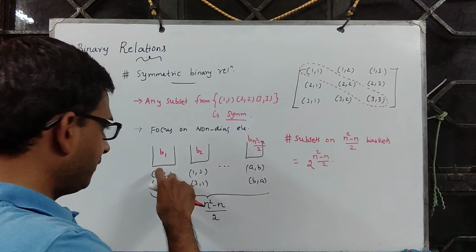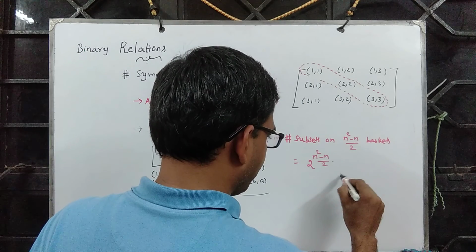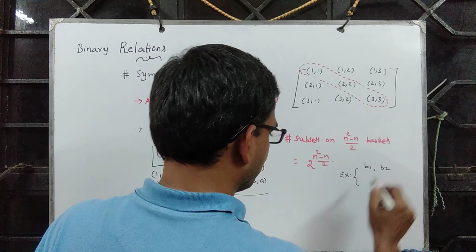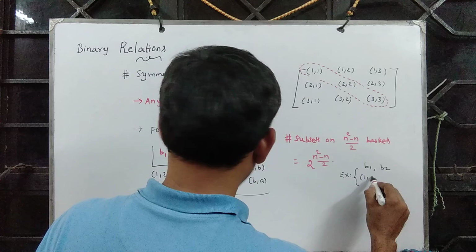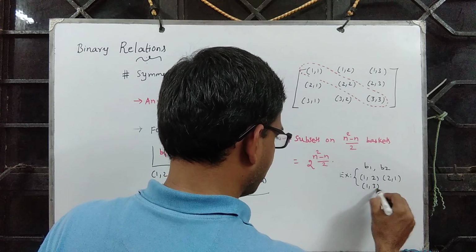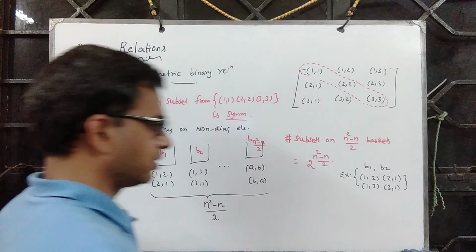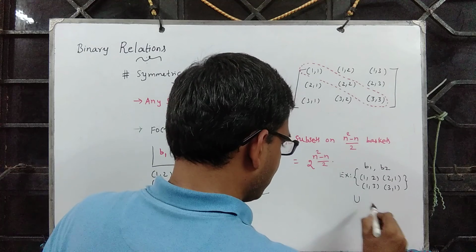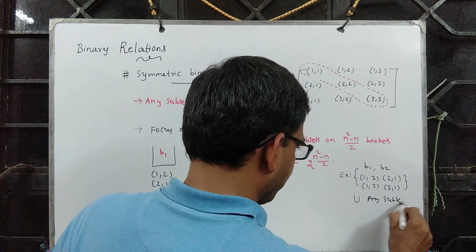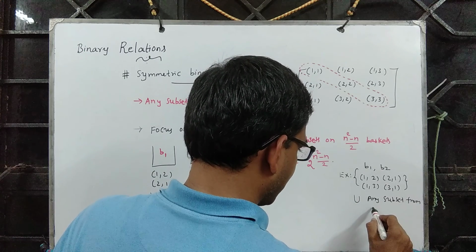Now along with this, suppose the baskets that you choose are B1 and B2, then you will have (1,2), (2,1) and (1,3), (3,1). With this, I can union any subset from the diagonal set.